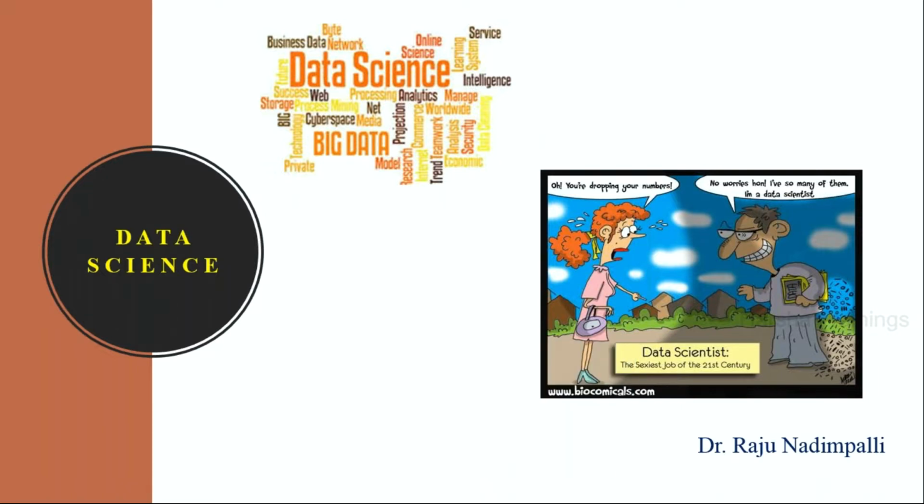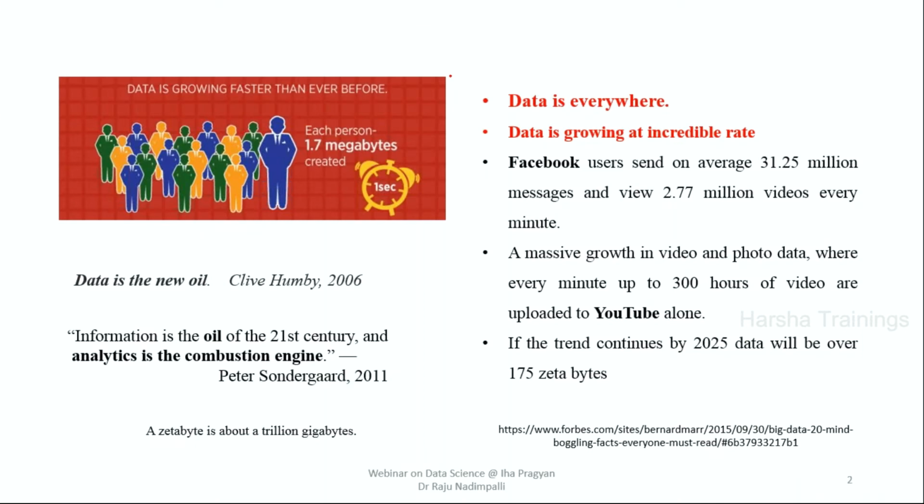Yes. Now, the central point of data science is data. Okay. The central point of data science is data. Now, can you please tell me what kind of data you are going to deal with? Most of the cases we are going to deal with text data. Sometimes we may deal with image data.